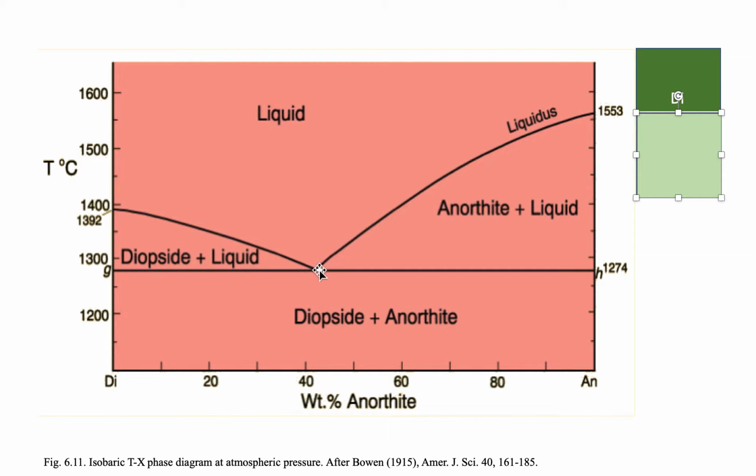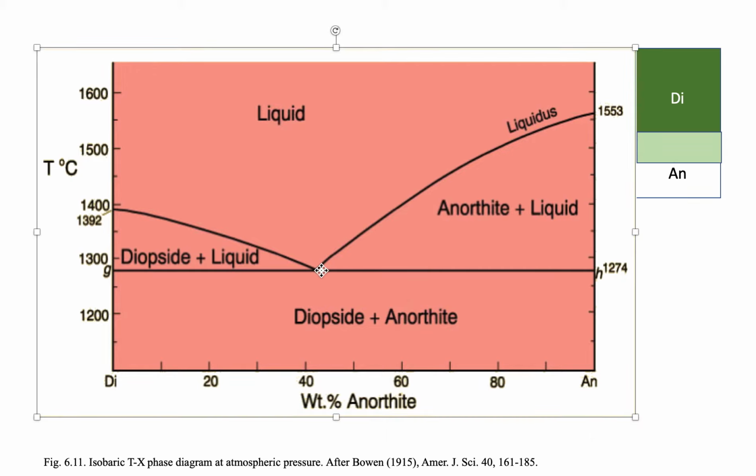So the liquid starts here at the eutectic composition, and as it eats away at diopside and anorthite, its composition remains constant. So if we come back to that somewhat initial state over here, this liquid is going to eat equally into diopside and anorthite at such a rate that the composition isn't changing.